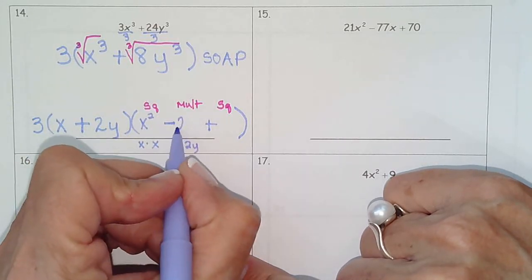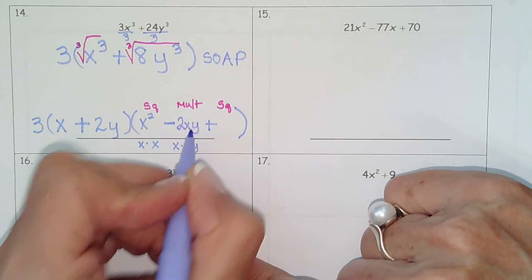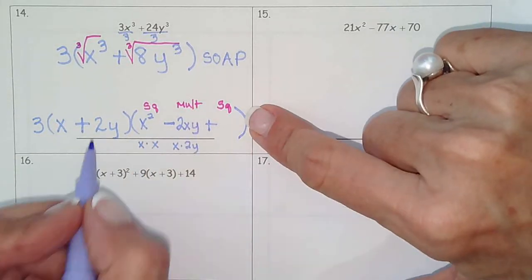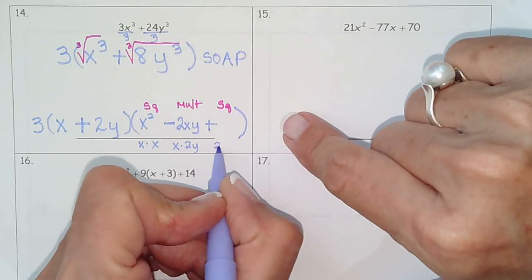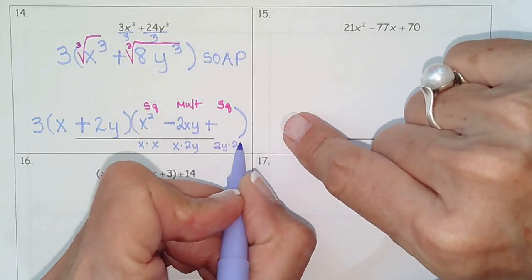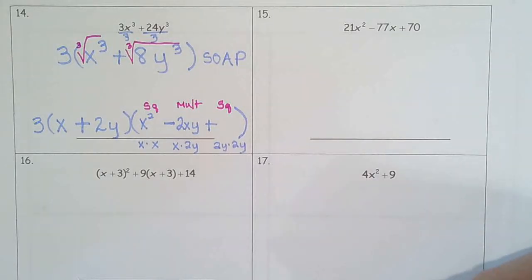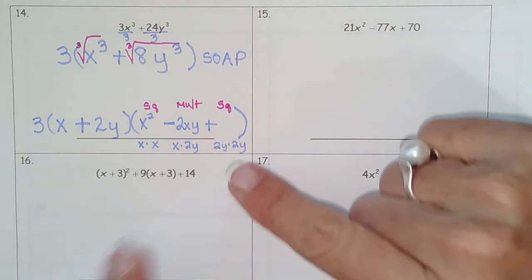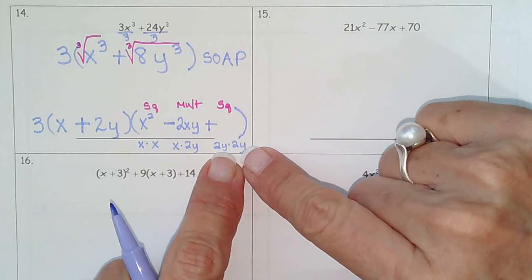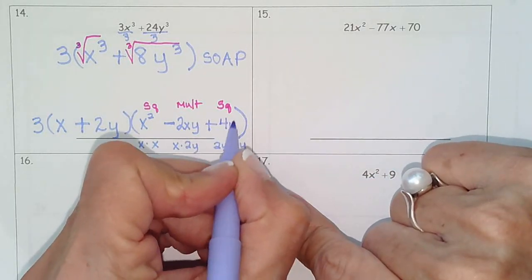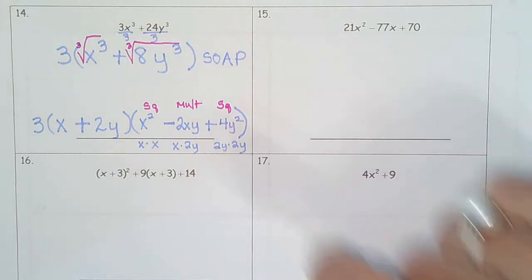So that's 2xy. So number goes first, then letters, alphabetical order. Then we square the last term, which is 2y times 2y. And do you know how many people write 2y squared for that? Or they write 4y? Don't rush on that. It's 4y squared. And that would be my answer.